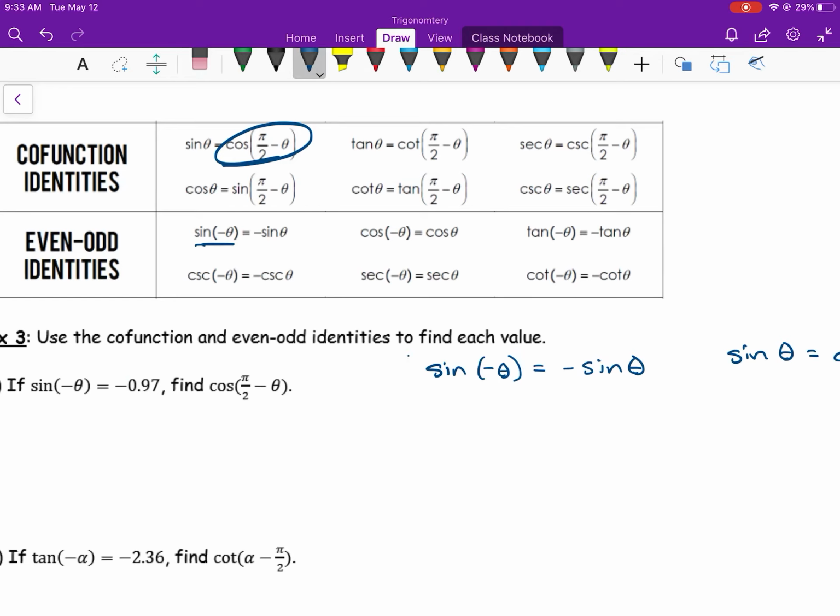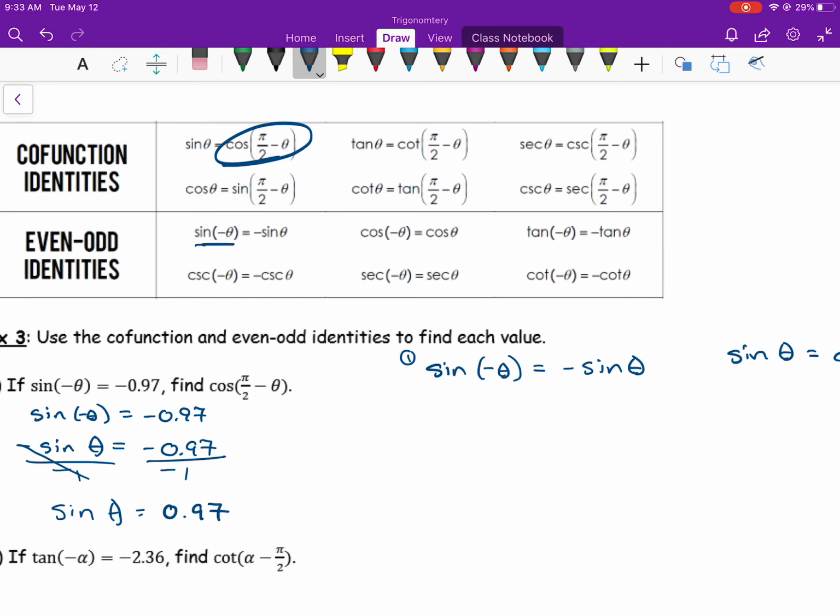I'm going to use my first property right there. We have sine of negative theta is equal to negative 0.97. According to that rule, I can say negative sine of theta is equal to negative 0.97. Divided by negative 1, I get sine of theta is equal to 0.97.